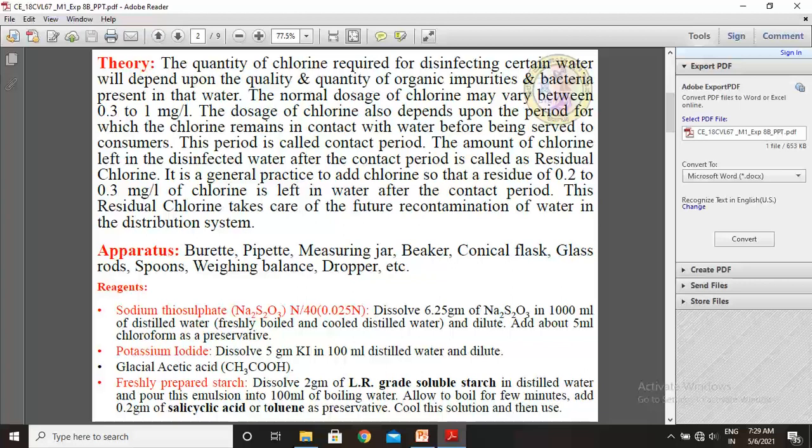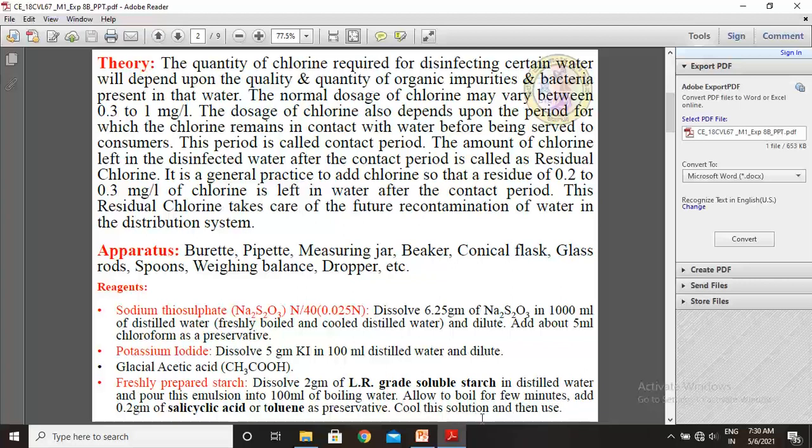Next, freshly prepared starch reagent. How to prepare this freshly prepared starch? Dissolve 2 gram of LR grade soluble starch in distilled water and pour this emulsion into 100 ml of boiled water.